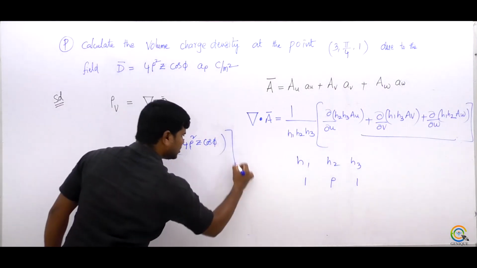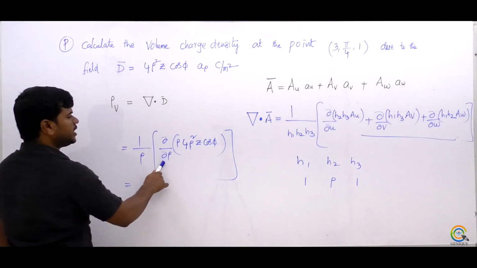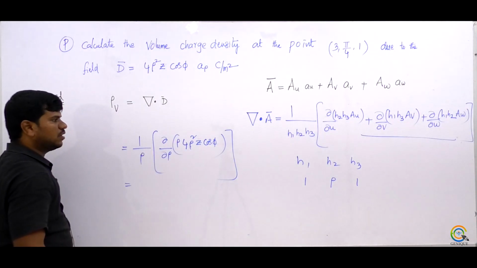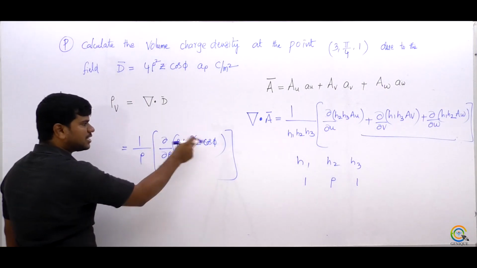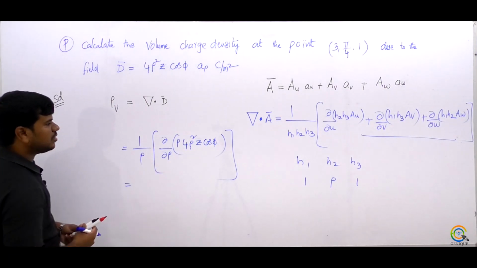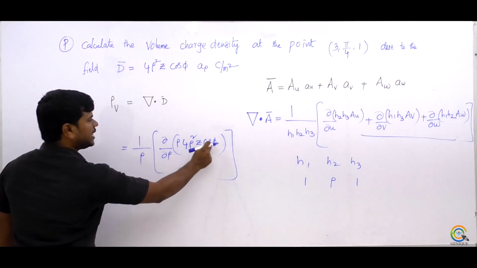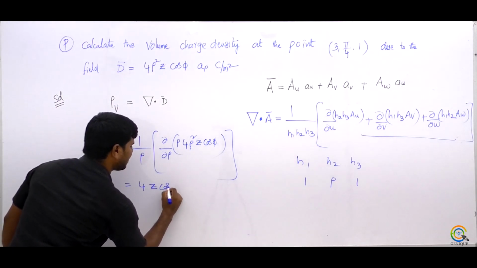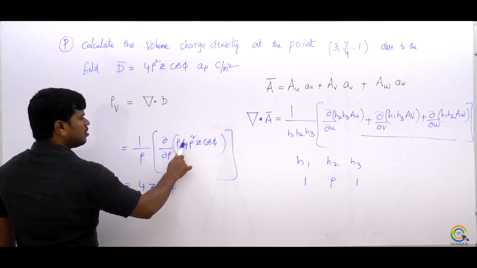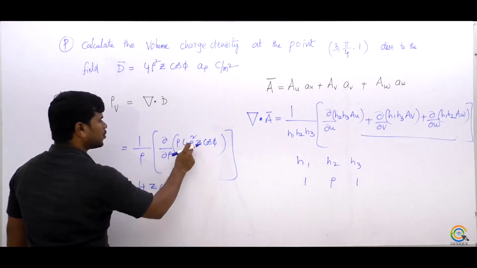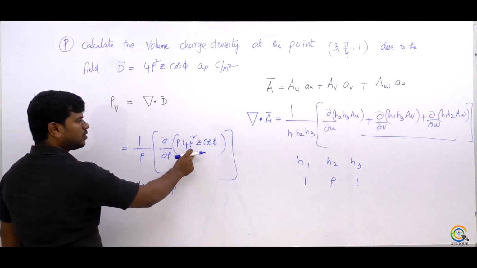This is partially differentiated with respect to rho. The remaining are all constants, so you have to write 4 z cos phi. This will be 4 rho cube, since rho into rho square is rho cube.